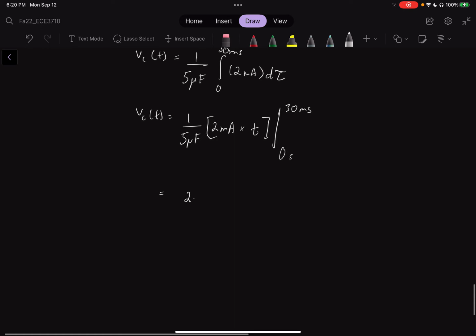It'd be 2 milliamps times 30 milliseconds divided by 5 microfarads. And if you do the unit analysis correctly in your calculator, you should get 12 volts.